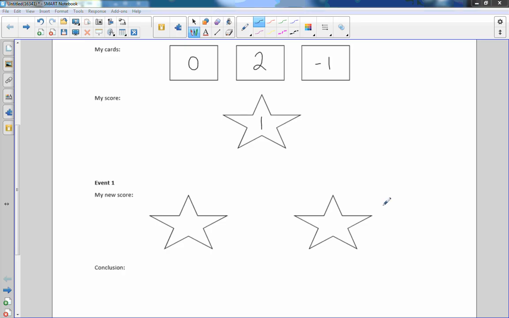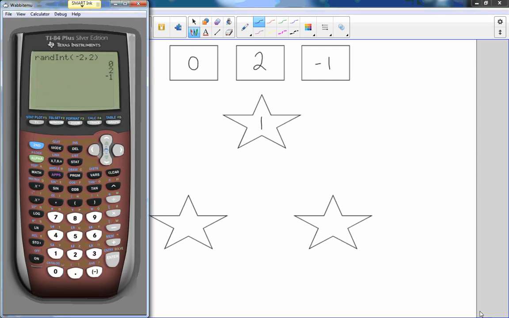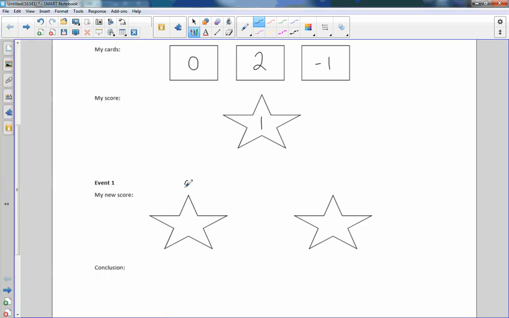We have a 1, and I'm going to draw a card for this person. If we were doing this in class, say I pass this card and it's a 0. So what they did was take 1 plus 0, and my new score is still 1.